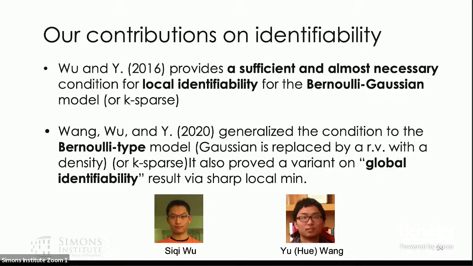We were able to give basically a necessary and sufficient condition, with the equal sign we don't know, for local identifiability for the Bernoulli Gaussian model or the K-sparse model. And for the newer work, we're able to remove the Gaussian assumption. So remember, there's a Bernoulli you toss, and we only need a continuous density for the size.